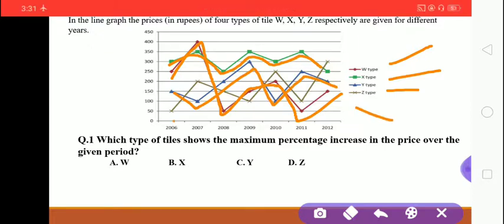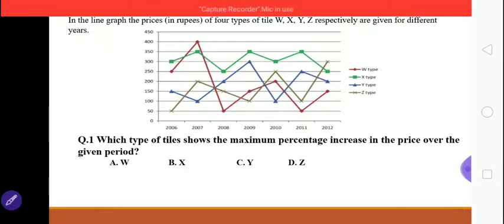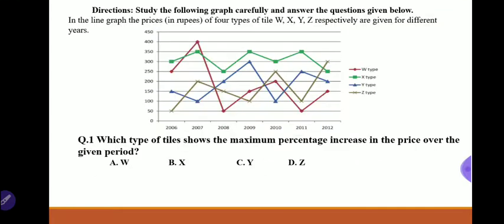For Z, this one is the graph and the points are represented by the cross mark. So on the x-axis years are given and on the y-axis the prices are given in rupees. If you have understood the question, we will solve the questions on that line diagram.